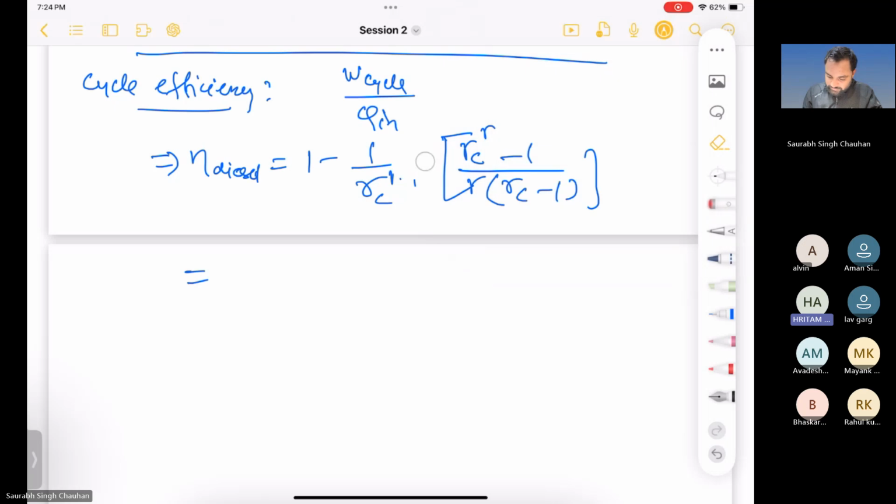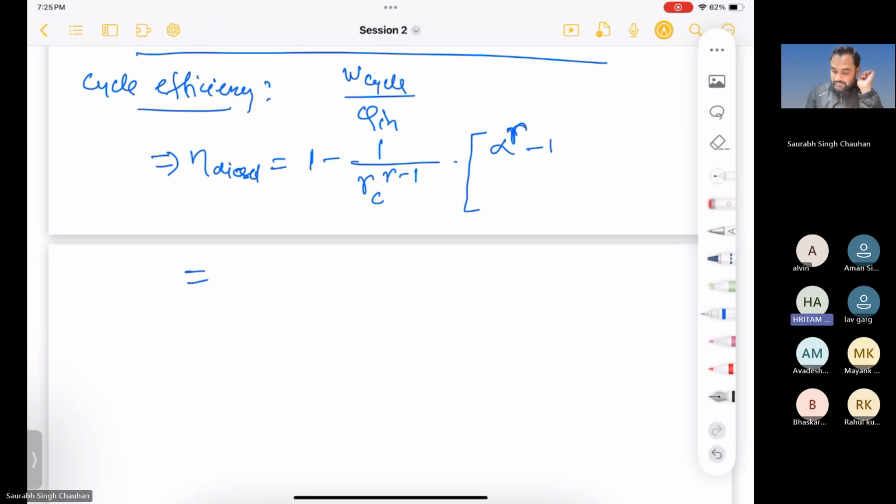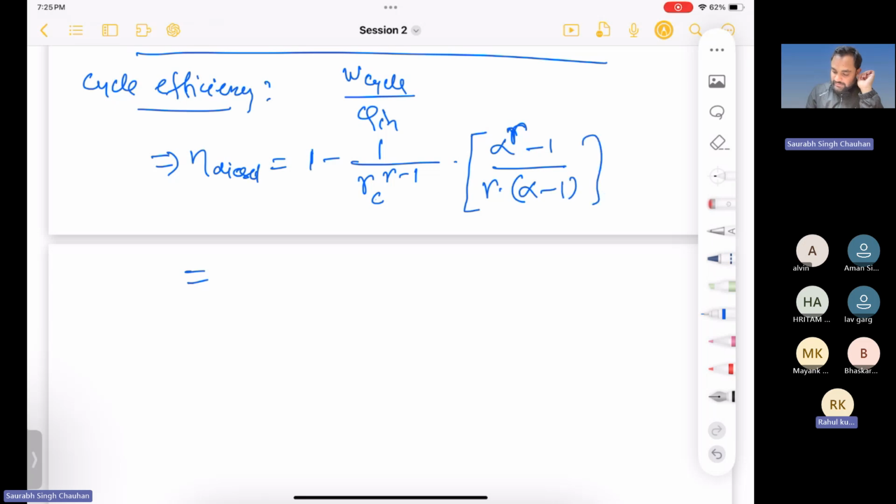So diesel cycle efficiency is 1 minus 1 divided by RC to the power gamma minus 1, where RC is the compression ratio, then multiplied by alpha to the power gamma minus 1, divided by gamma into alpha minus 1.